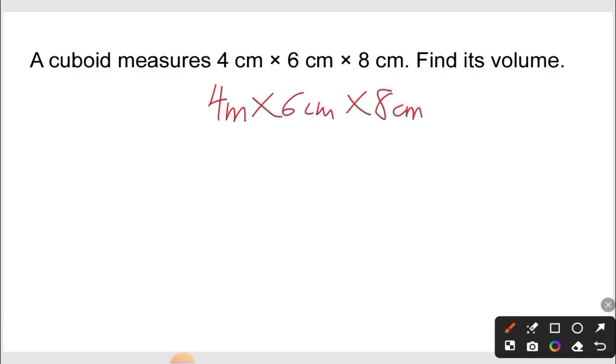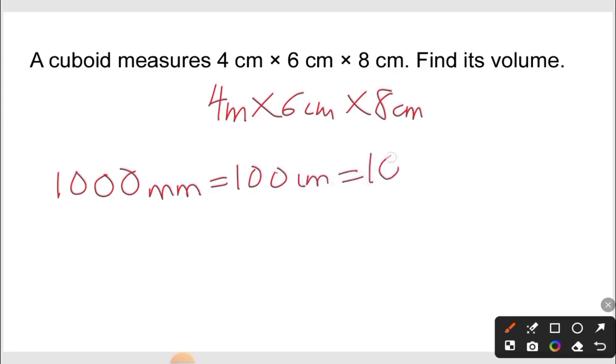Now you're not supposed to work with different units. So what you're supposed to do, you're supposed to convert. Now in order to convert, there's this big system you are supposed to know. 1000 millimeters equals 100 centimeters equals 10 decimeters equals 1 meter.